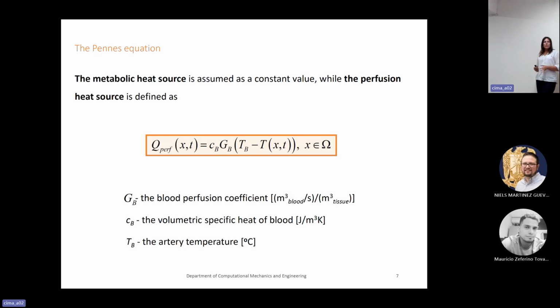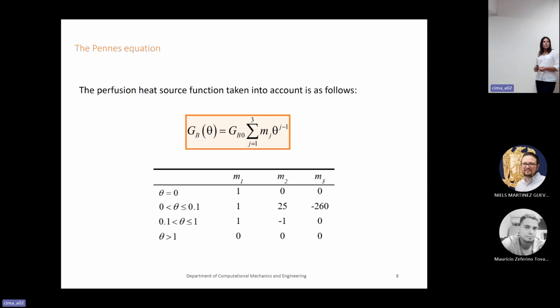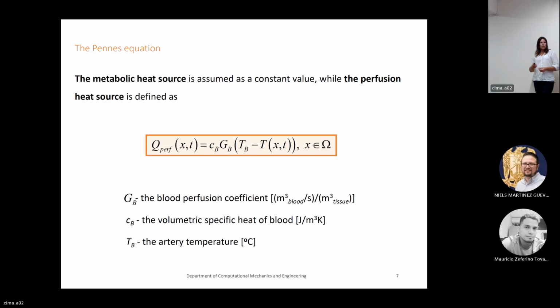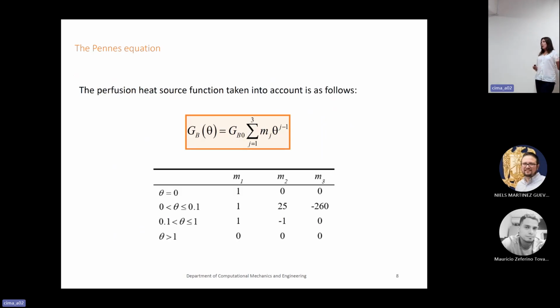We can analyze them as a constant value, but of course we can make our model more complicated and more accurate. So we can define the Pennes heat source function with the blood perfusion coefficient defined as a function.